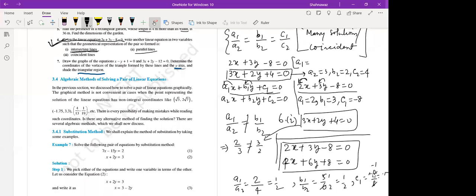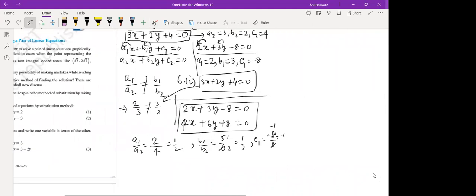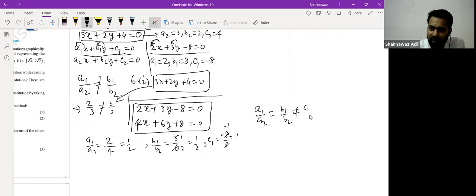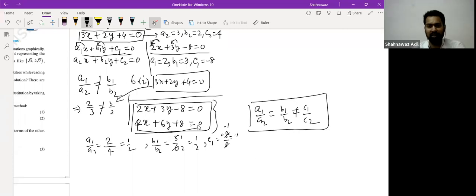So we have A1 by A2 equal to B1 by B2, which is not equal to C1 by C2. So this is the scenario for the parallel lines. This pair of linear equations will be parallel, right? Now Talha's time, right? Talha's chance.